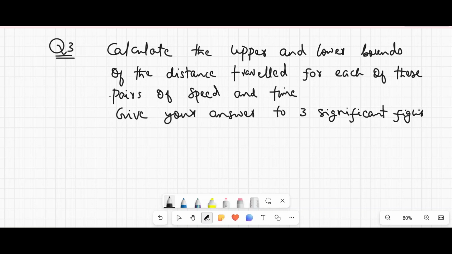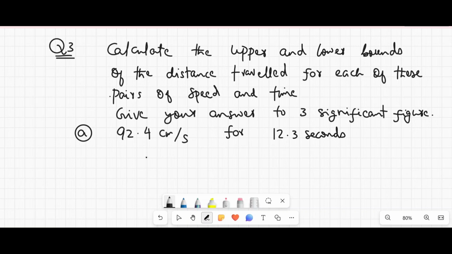Now part A is 92.4 centimeter per second for 12.3 seconds.